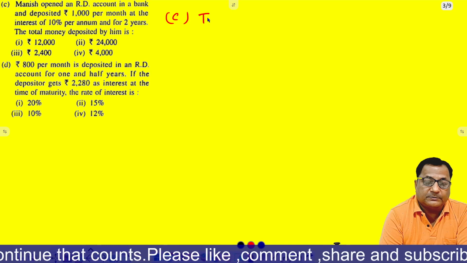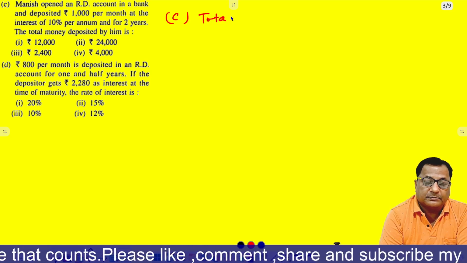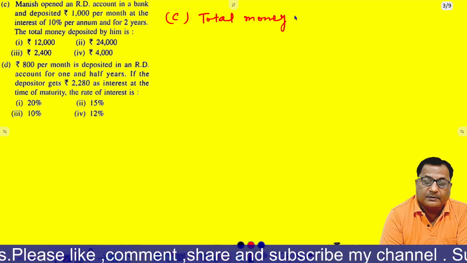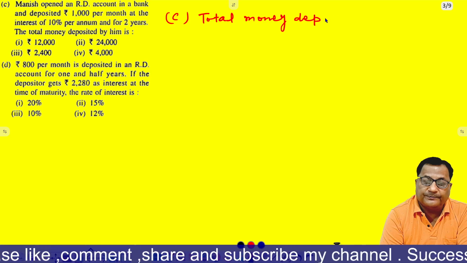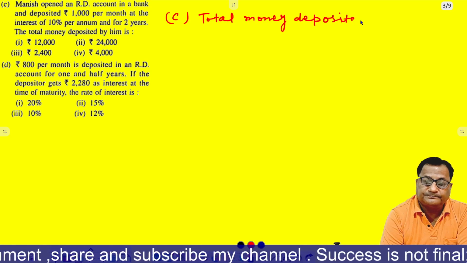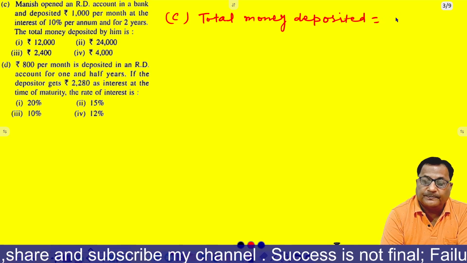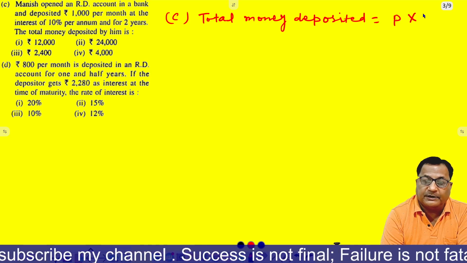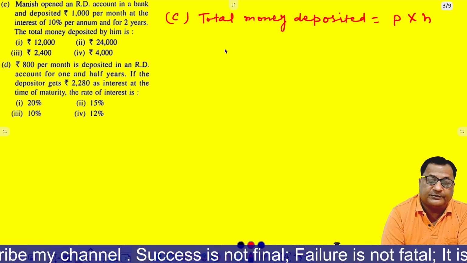So total money deposited is equal to P into N. P means monthly installment and N is the number of months.